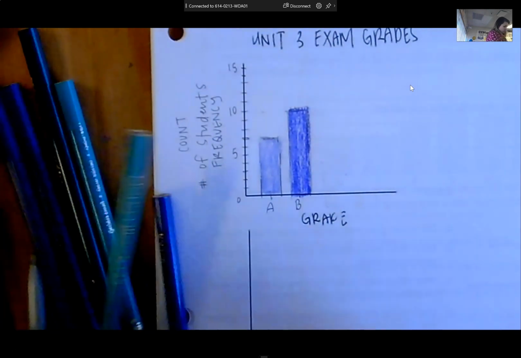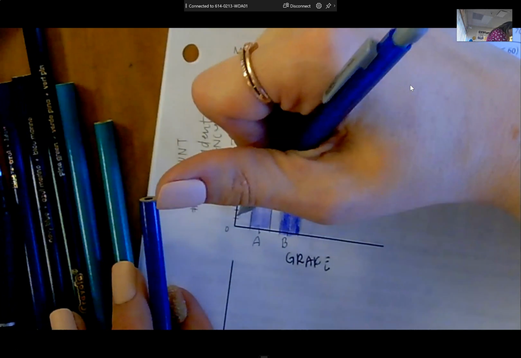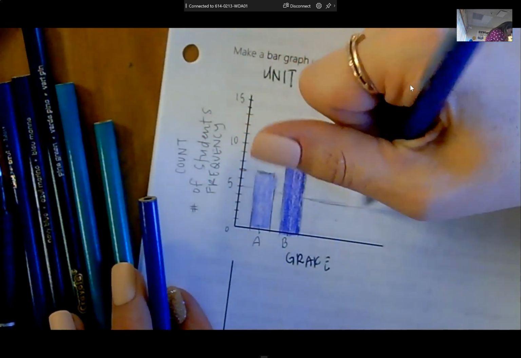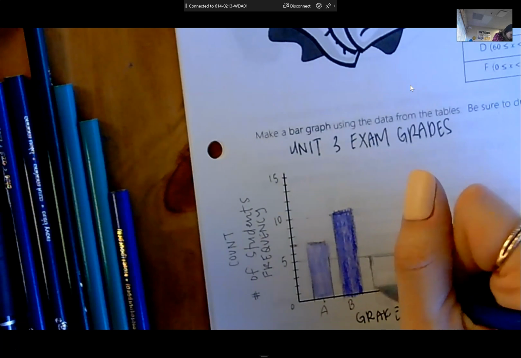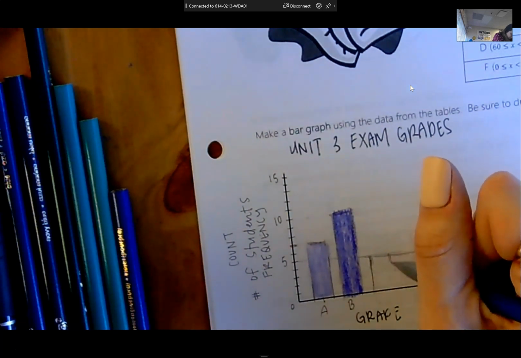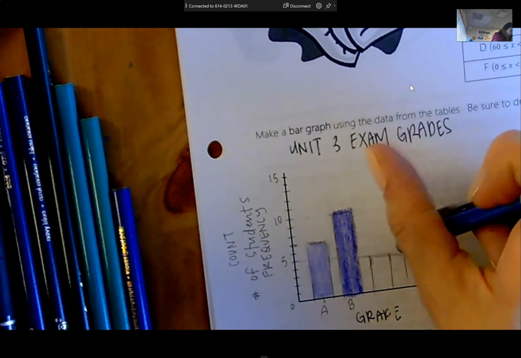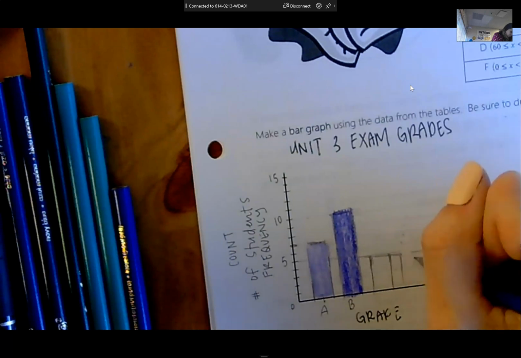Then I gotta do 5 for both the C and the D. You want them to be the same distance away from each other. So you're trying to get this as uniform as possible.